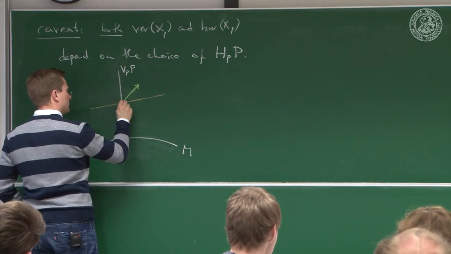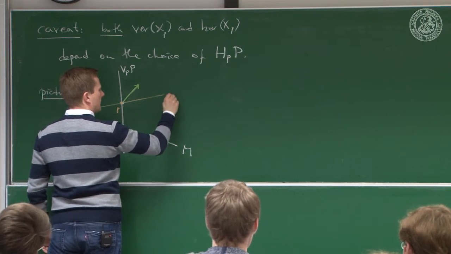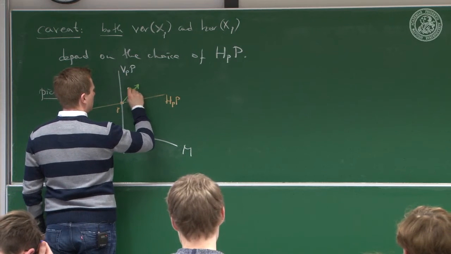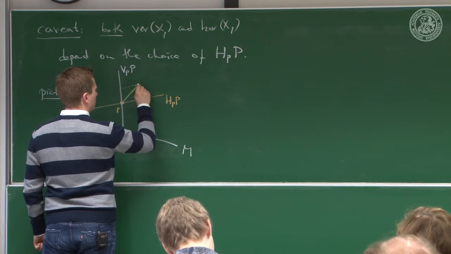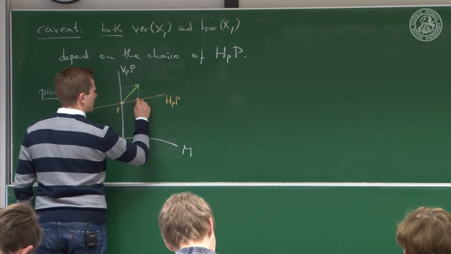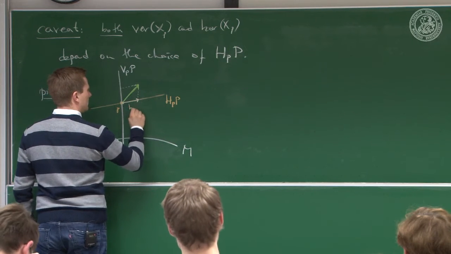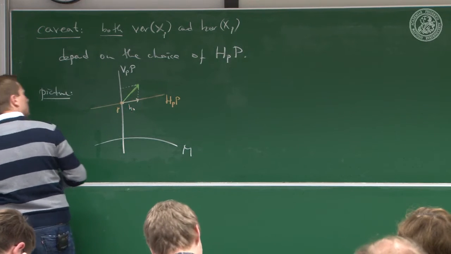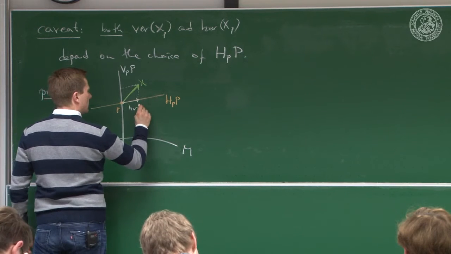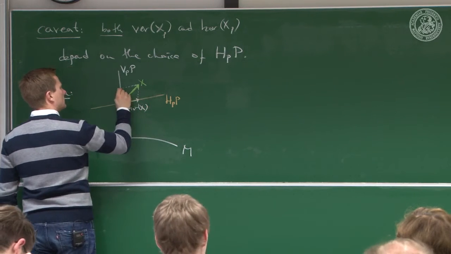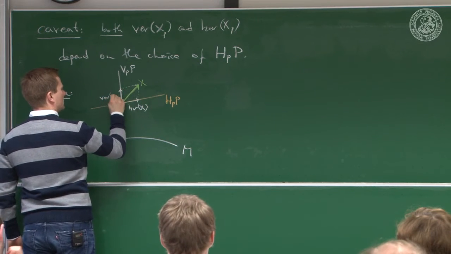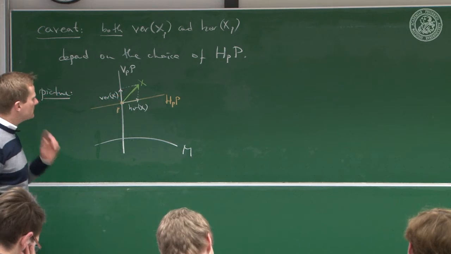So this is the point P here, and this is H_P P. And now it's clear that the decomposition here is into a vector here. So if this is x, that's the vector, then this here is hor x, and this guy here is the vertical part of x at this point.